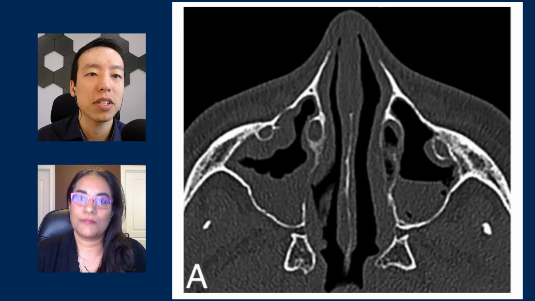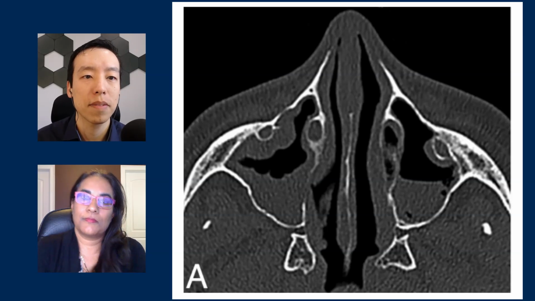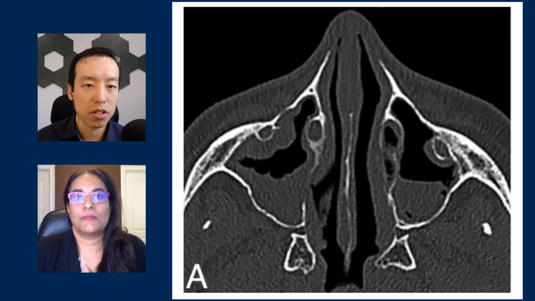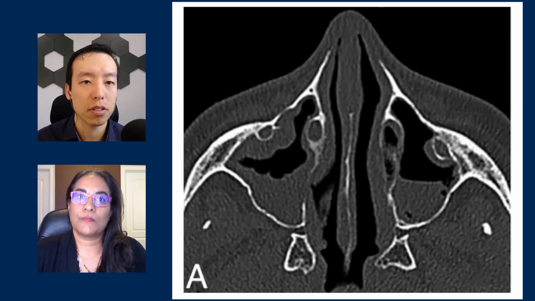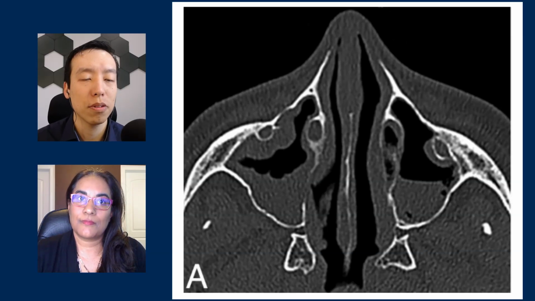And on CT imaging, they had moderate mucosal thickening and fluid in the maxillary sinuses that was reported as consistent with acute sinus inflammation given the clinical context. So their antibiotics were changed a little bit later after the sinus CT because they had persistent facial pain, and an ENT consult was obtained, which did not have any evidence of invasive fungal sinusitis. What stands out to you about this case, Ro?